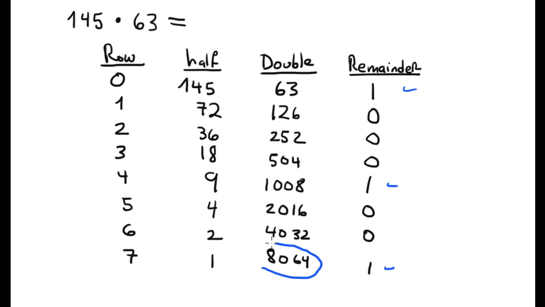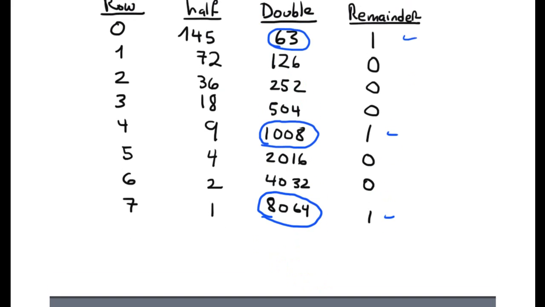You add this number, plus this number, plus this number, and this is the answer for the multiplication. Okay, addition, just addition. Addition of 8064 plus 1008 plus 63.